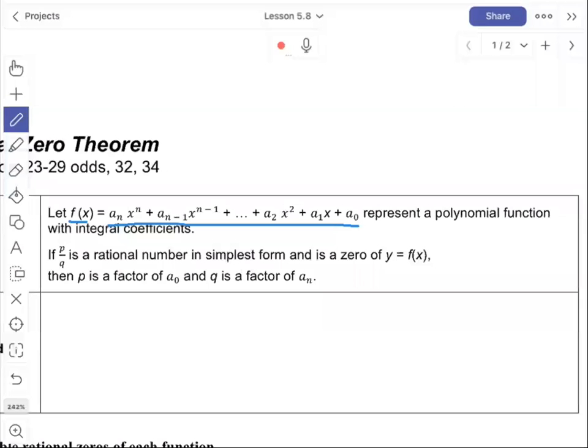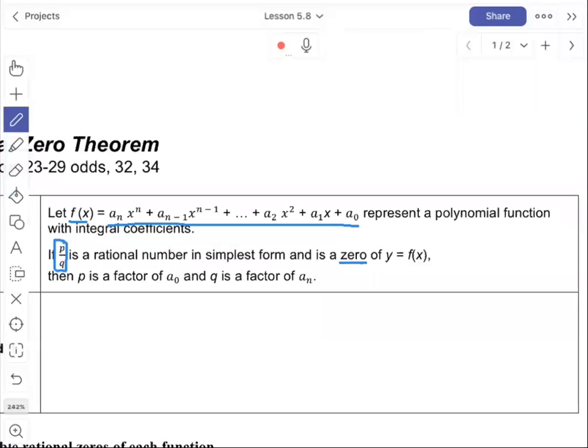And the rational zero theorem tells us that if p over q, just two random letters, p and q, is a rational number in simplest form, and we know it's a zero of this function, the numerator, p, will be a factor of a sub 0.